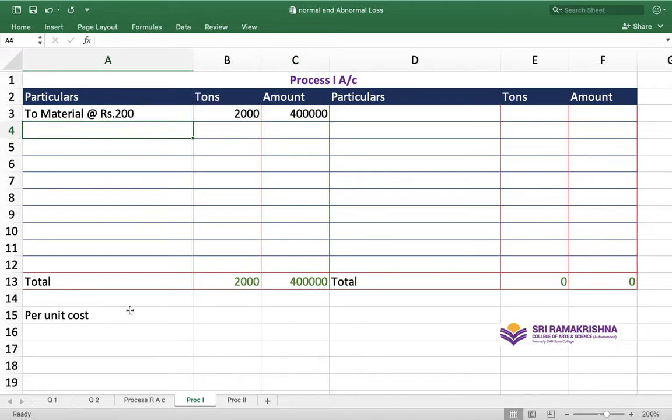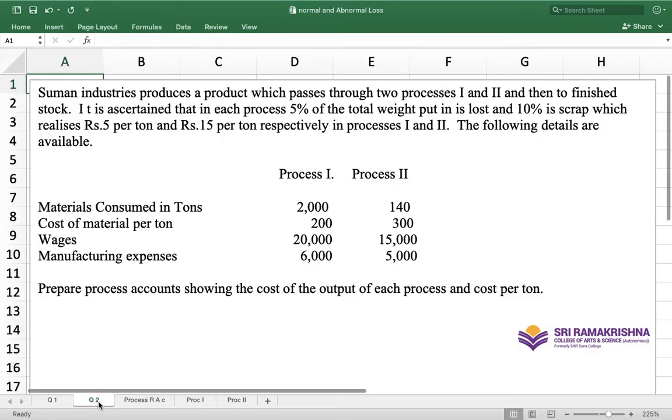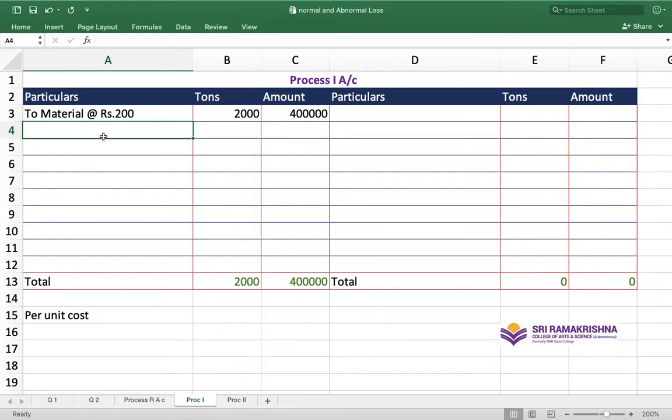So it comes to 4 lakhs. Other than that, we had two expenses. One is wages, another one is manufacturing expenses. Wages 20,000 and manufacturing expenses 6,000. So to wages 20,000, to manufacturing expenses.